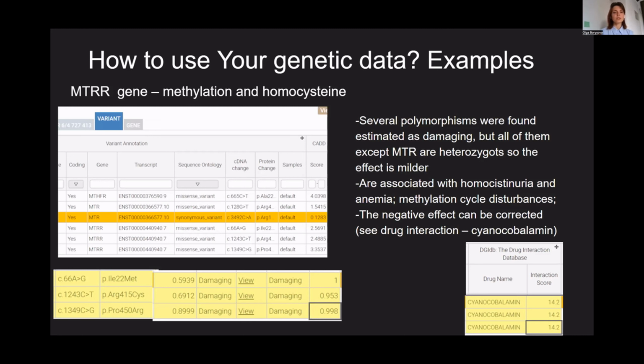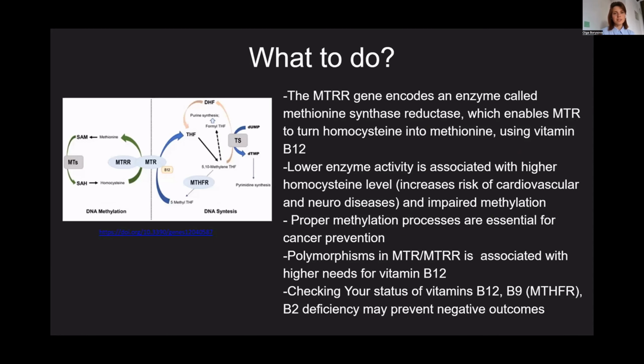But then again, we should definitely check the blood level for that, because genes are not as easy as we sometimes think. So the MTR gene encodes the enzyme which is called methionine synthase, which enables turning homocysteine into methionine. But for this, we need enough vitamin B12.